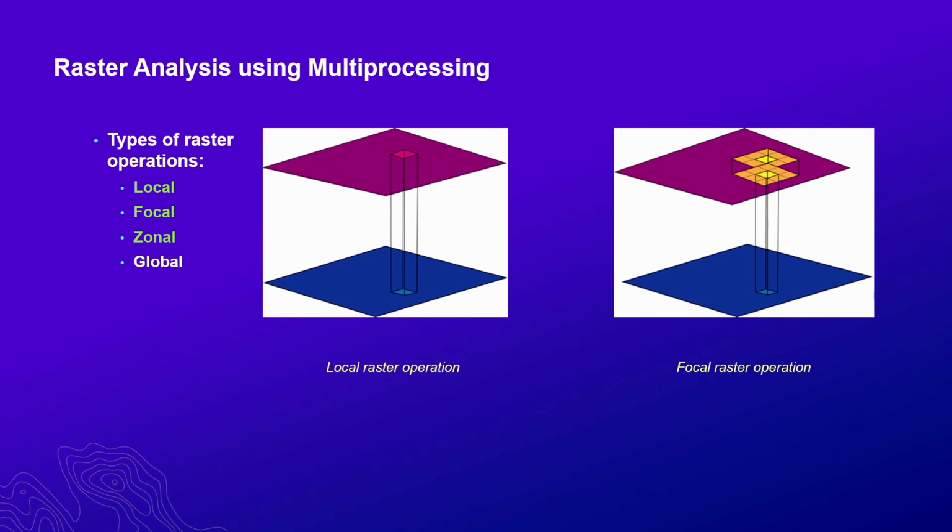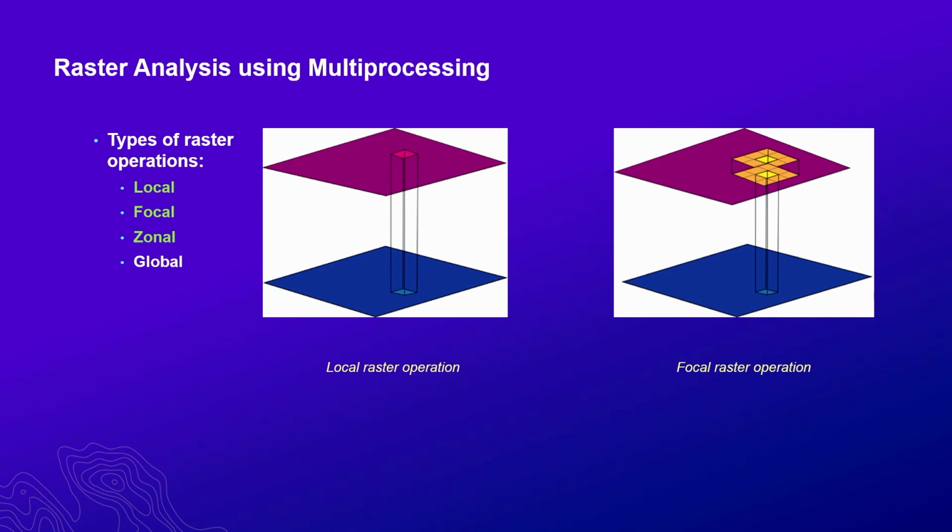Now, if you want to do multiprocessing, you have to think about what kind of operation you are doing. Is it a local operation or a focal operation? Local operation means you're operating on a cell-by-cell basis. Focal, you're looking at the surrounding cells, as Hao did for his slope computation, or looking at a zone or entire global raster.